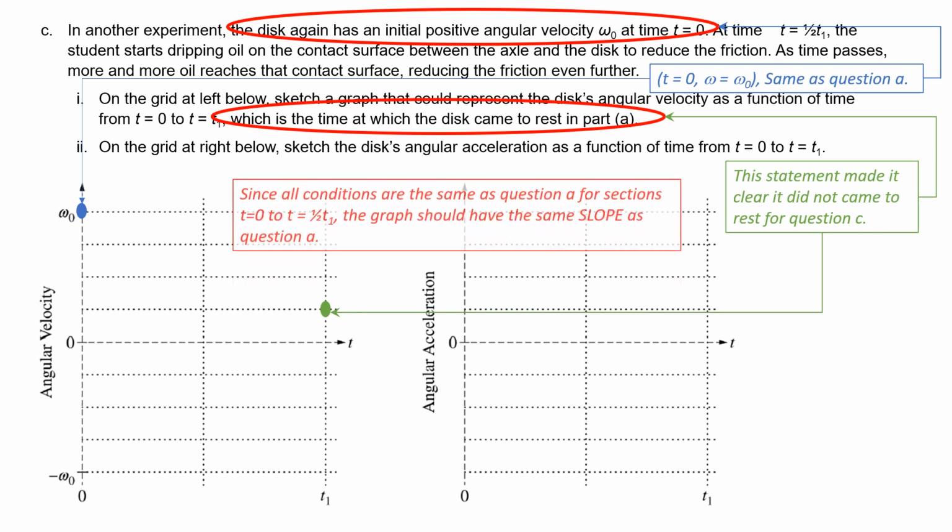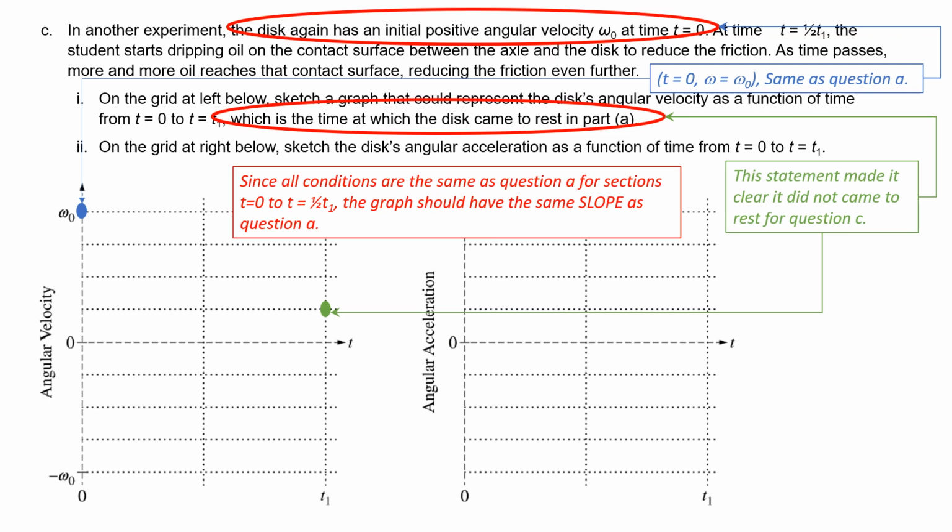Something that you need to remember: all the conditions are the same as question A for the section t equals 0 to t equals 1/2 t sub 1. So somewhere within this line, something happened.